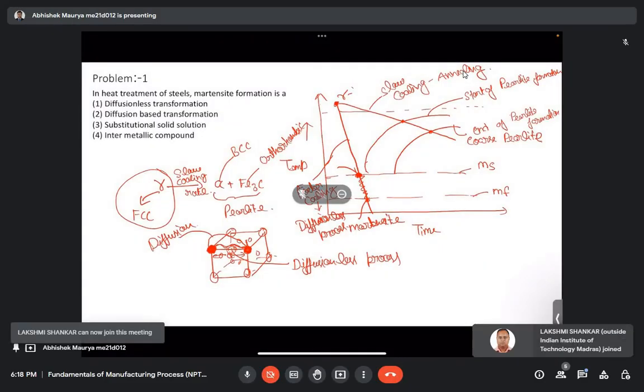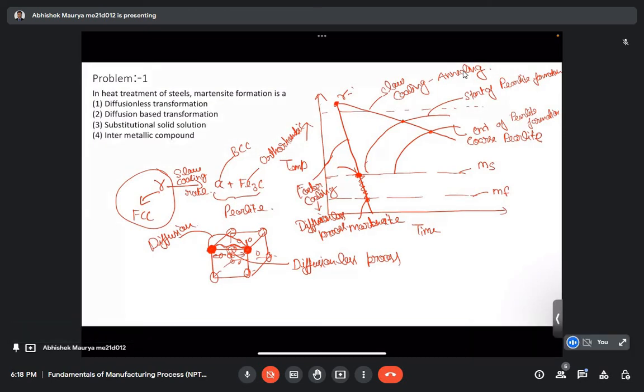So if the material won't get sufficient time, diffusion will not take place, and the atoms will get very little time to move, and therefore they will not be able to jump the whole lattice distance. Ultimately we get a supersaturated solid solution.